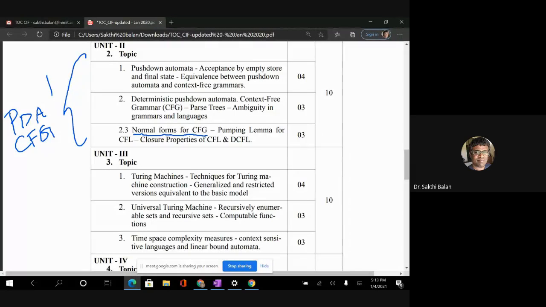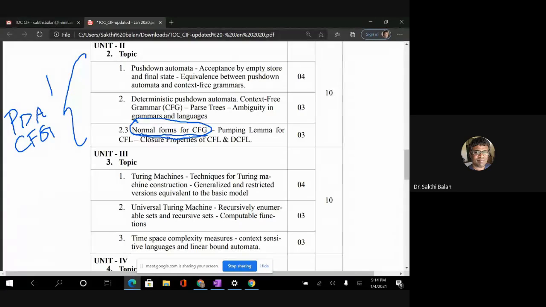We will be showing the power of both the push down automata and the context free grammar is one and the same, right? And then we will be looking at some of the normal forms of context free grammar. We have Chomsky normal form, we have Greibach normal form.